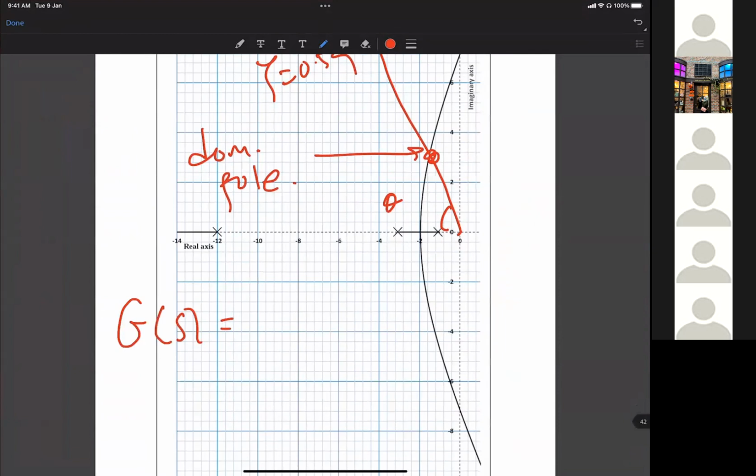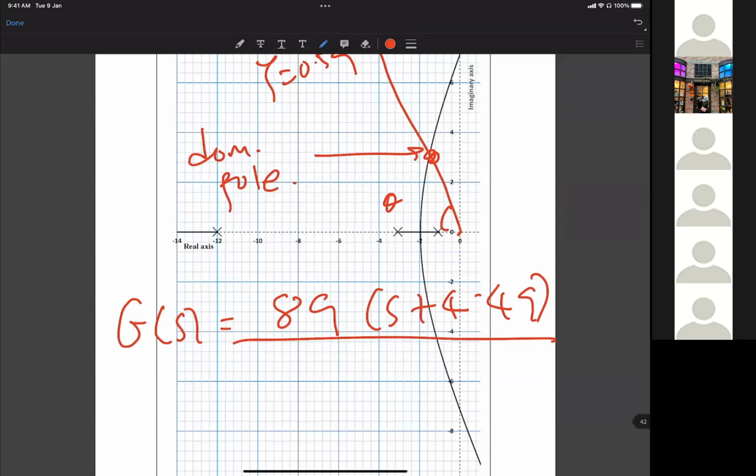System type dia apa? Not sure. Tanya burung. Haris. Oh, Haris. Ya, Doctor. Tanya burung. Berapa system type?